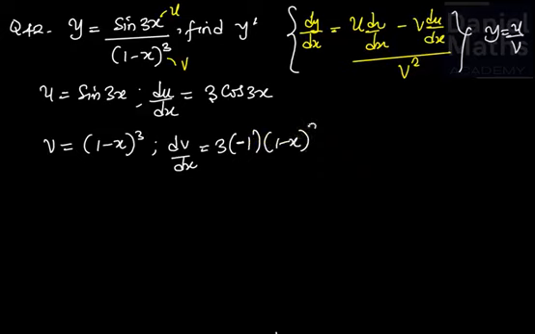So my dv over dx is equal to minus 3 into 1 minus x all raised to power 2.